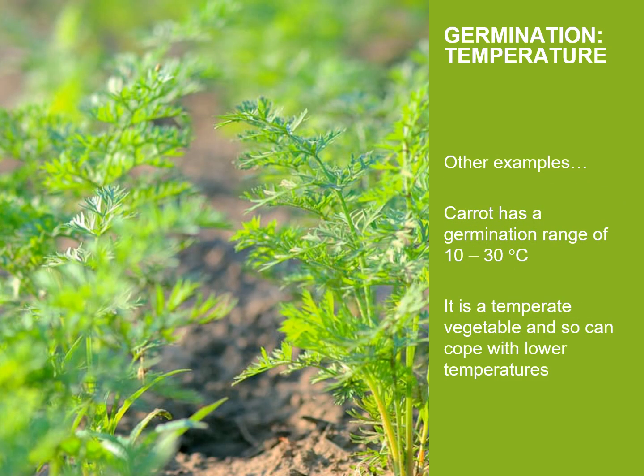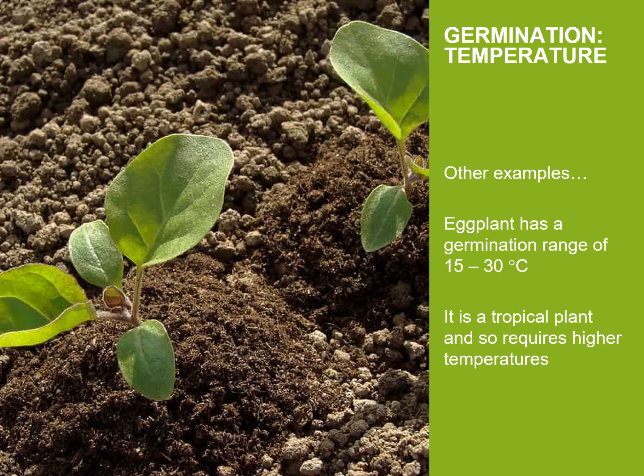Other examples, carrot has a germination range of between 10 and 30 degrees C. It's a temperate vegetable, so it can cope with the lower temperatures and can germinate quite happily at 10 degrees C. Whereas eggplant, which again is a tropical plant originally, requires a germination range of about 15 to 30 degrees C.